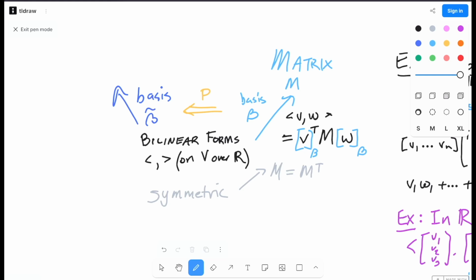Well, we're still going to get some matrix. I'm just going to call it M twiddle, and my M twiddle is exactly Artin's M prime. I just think the twiddle is a little bit more easily readable.